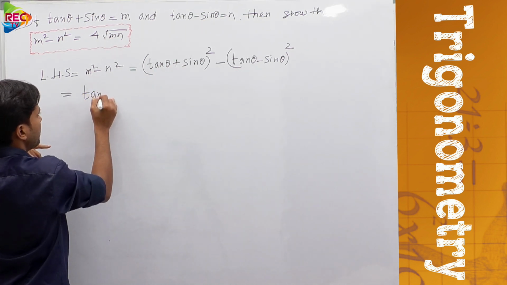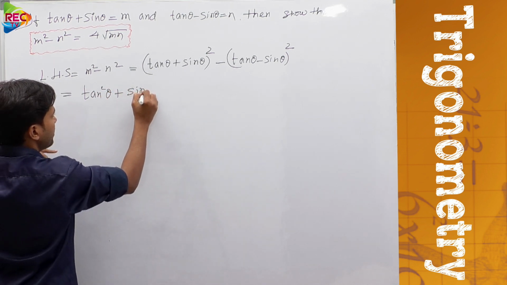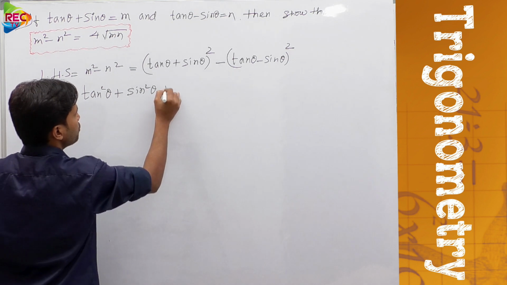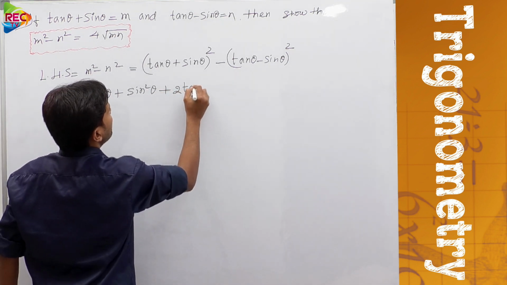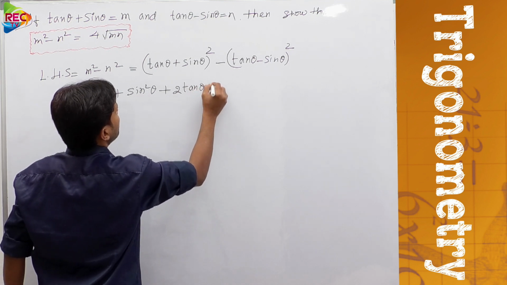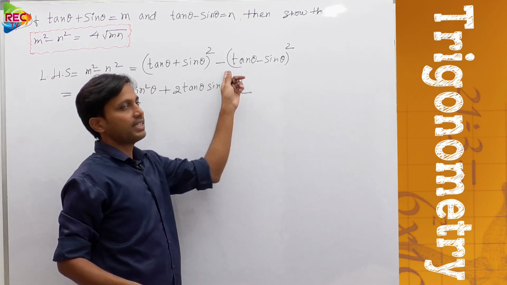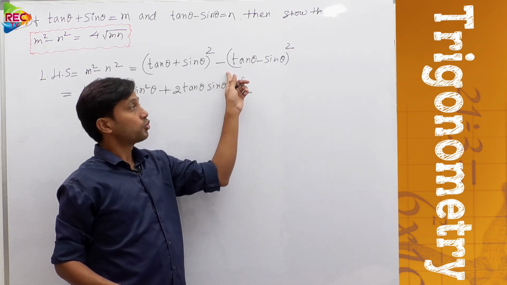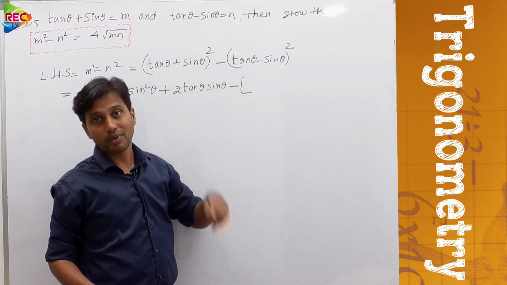Tan square theta, plus b square is what? Sin square theta, plus 2ab means what? 2 tan theta sin theta. Minus symbol is there, so don't open the bracket, because we need to multiply with the minus symbol also.